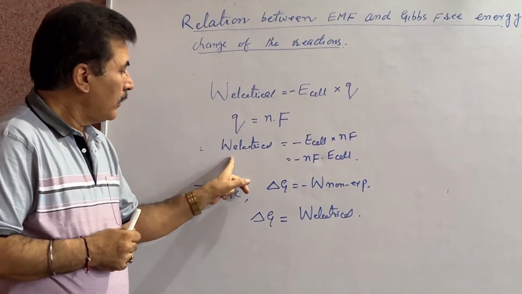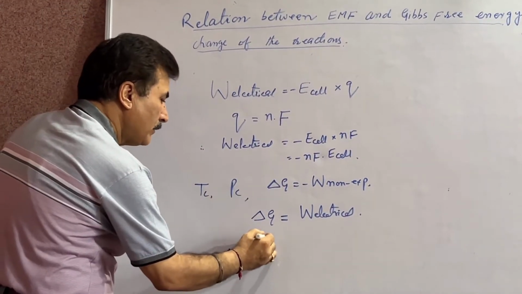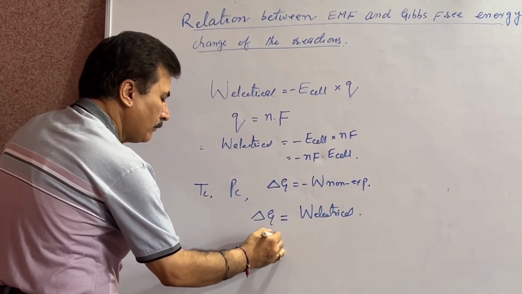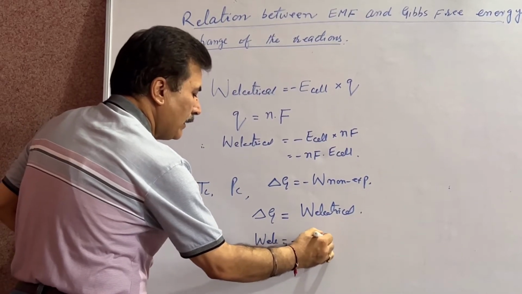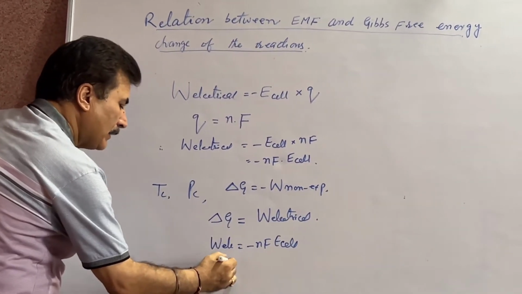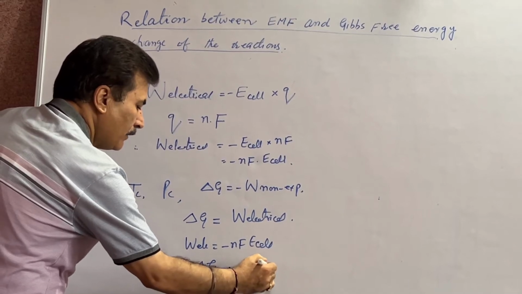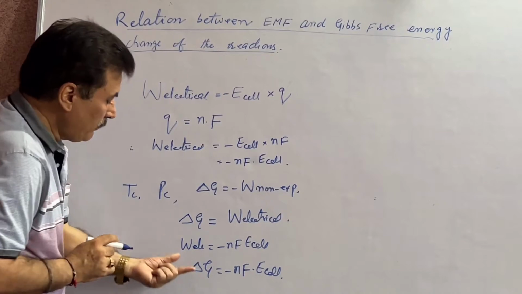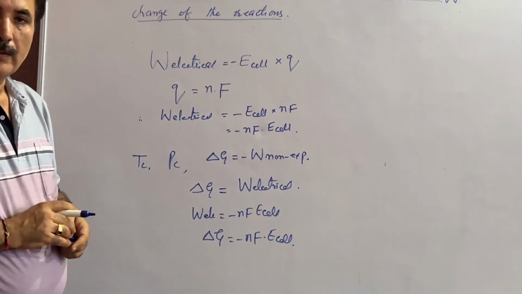But already work of electrical is equal to minus nF E cell. So delta G is minus nF E cell. It is a relation between the free energy change and the EMF of the cell.